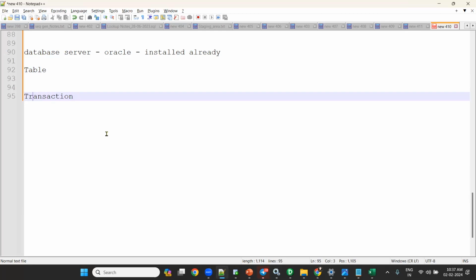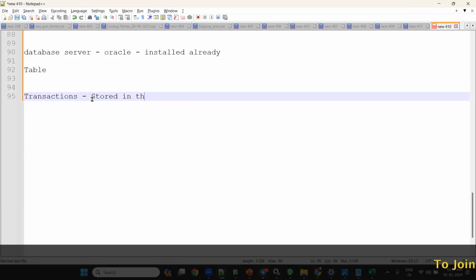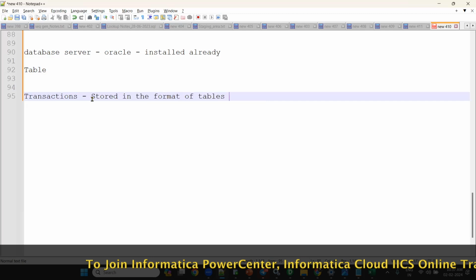Is it called one transaction? Yes or no? So all these transactions will be stored in the format of tables in the database.